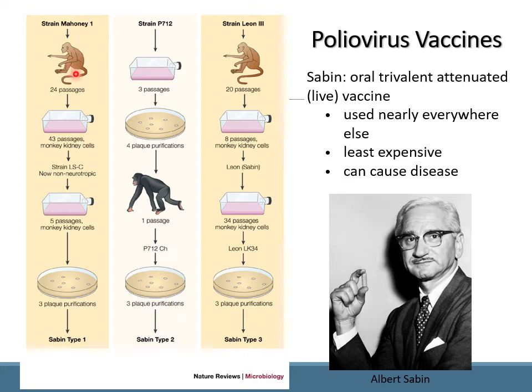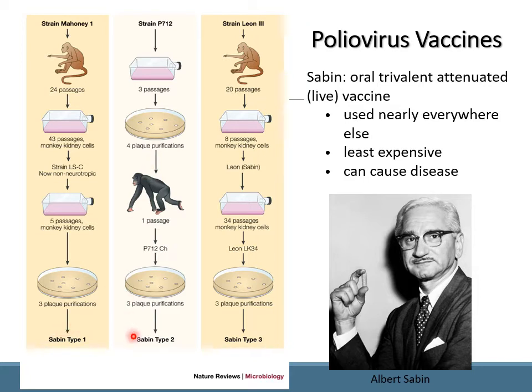You can see many passages through live monkeys, 24 passages through live monkeys, 43 passages through monkey kidney cells, etc., etc., purification, and now we have vaccine strains of this virus that are no longer able to infect human cells, but they can be recognized by the immune system.